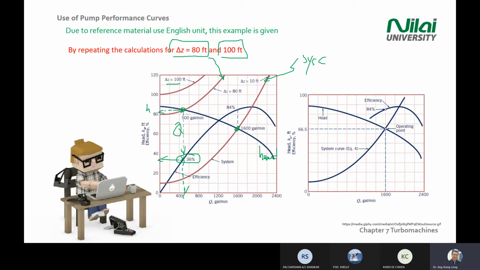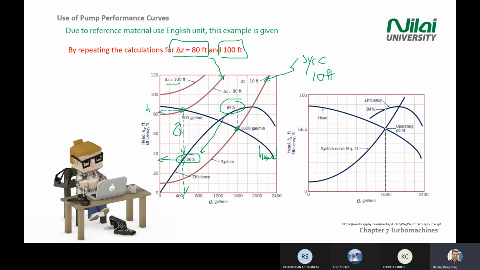All right. So if you can see here, if you increase Z from 10 feet to 80 feet, what happened to the efficiency? The efficiency dropped from 84% to 36%. Are you able to see this one?